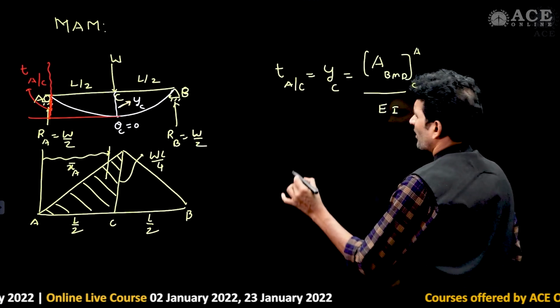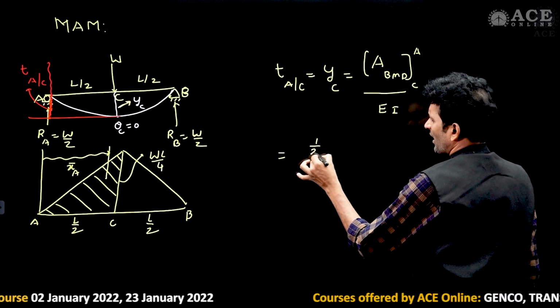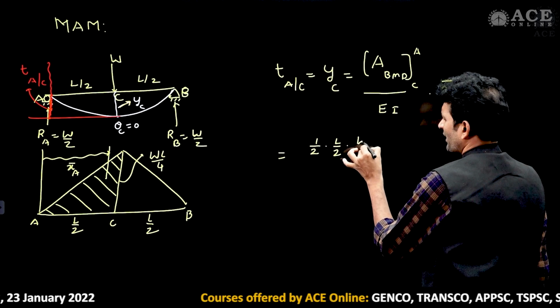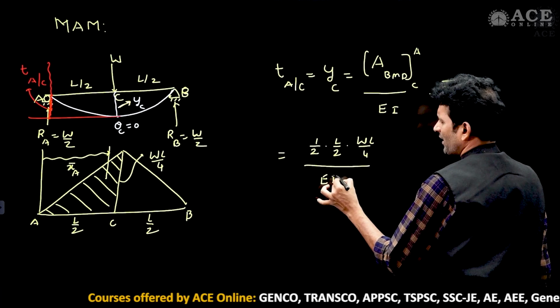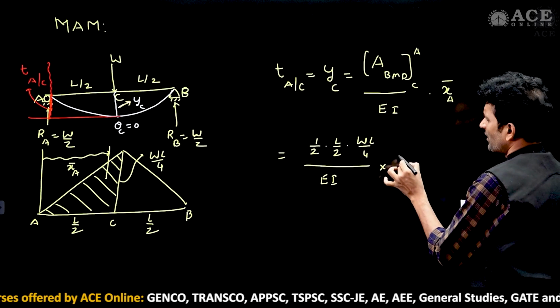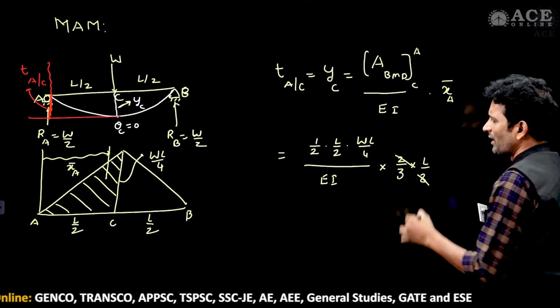Got it. Now what is the area of the bending moment diagram between A and C? Half, it's a triangular shape. Base is L by 2, height is WL divided by 4, whole upon EI, times X bar, which we need to measure from A, that is 2/3 of base L by 2. The 2 is getting cancelled.